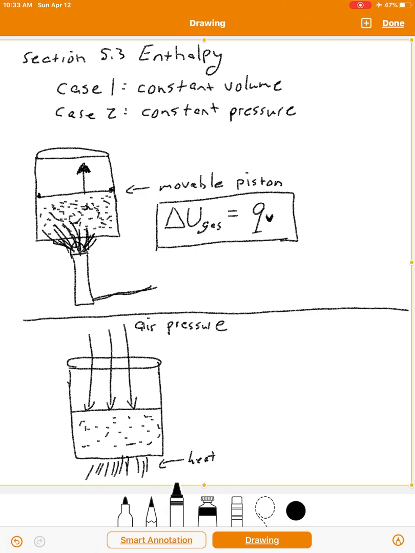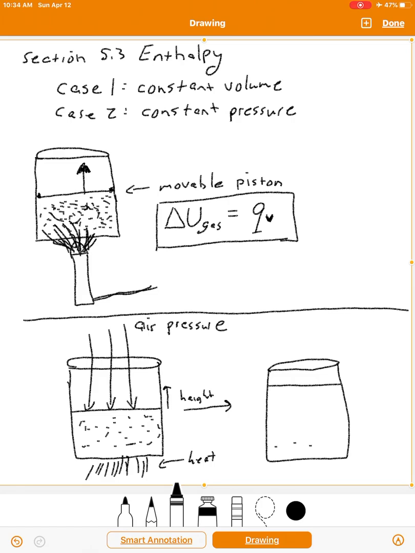Okay? And so here's what happens. We're going to get a physical change occurring. As we heat the gas, the piston will move up to some point here, right? It's going to move up by some height.